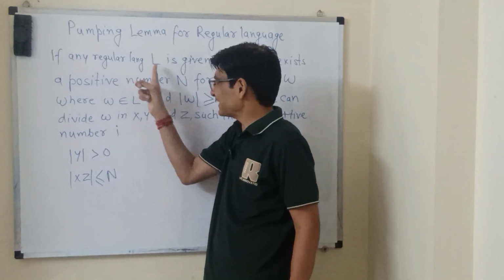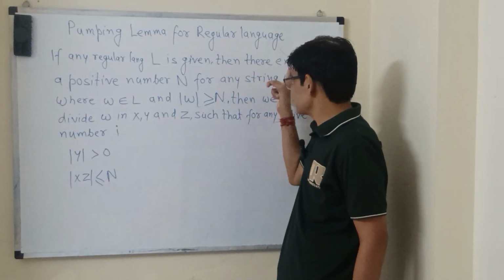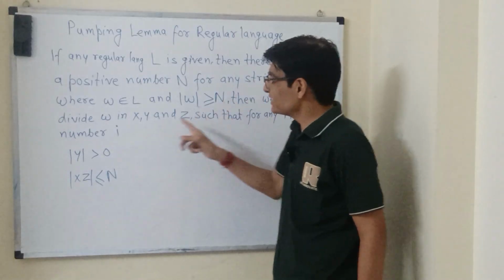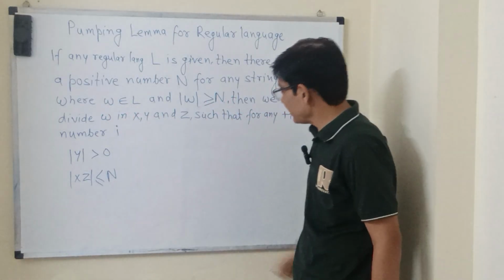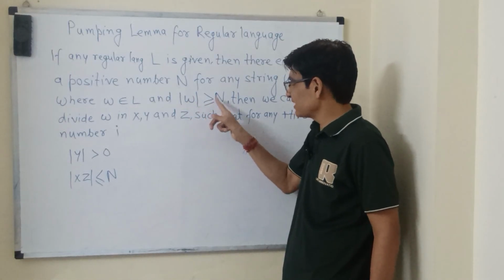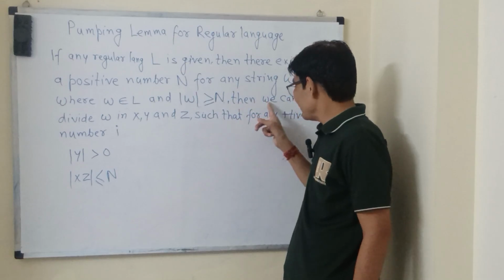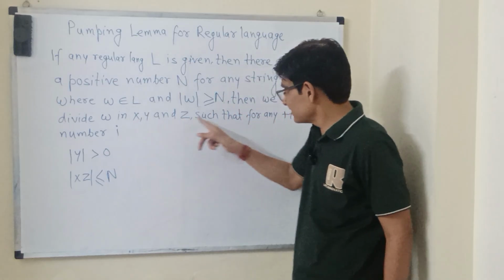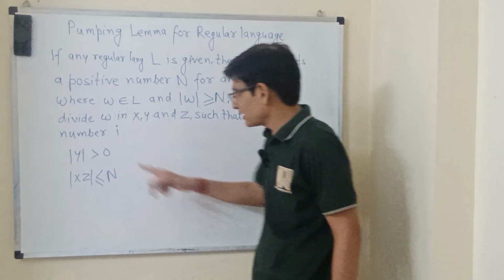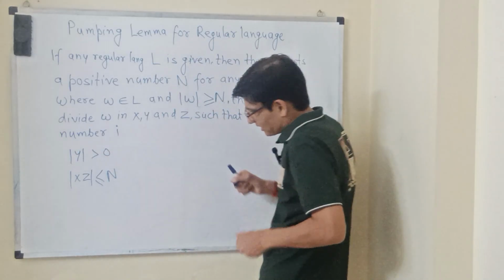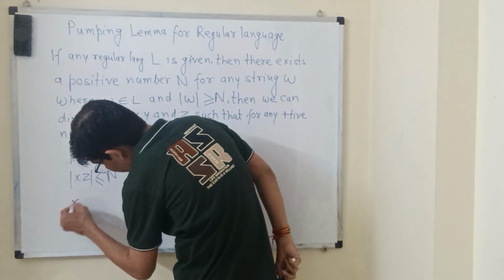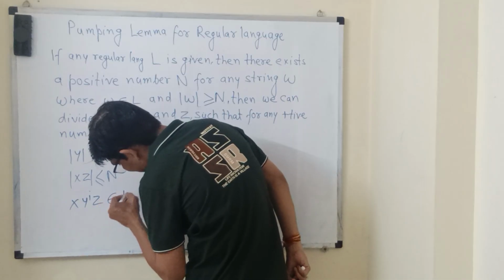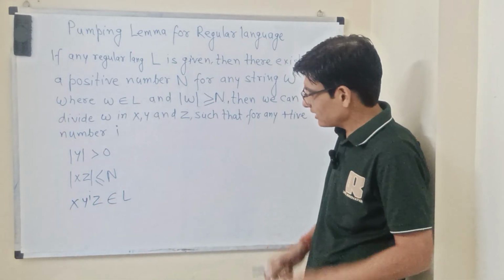If any regular language L is given to us, then there exists a positive number N such that for any string W belonging to the language L, with the length of W greater than or equal to N, we can divide W into three different strings X, Y, and Z such that for any non-negative number I, X Y to the power I Z still belongs to the language L.